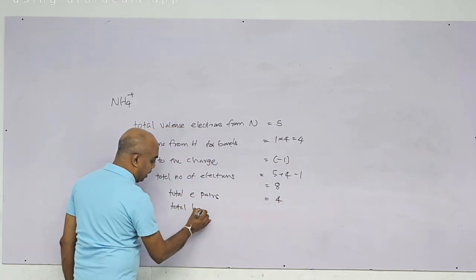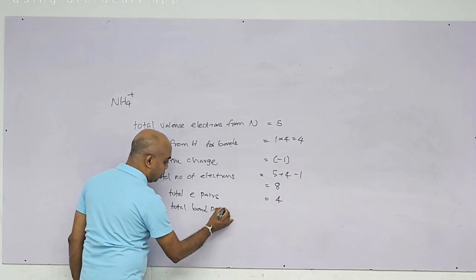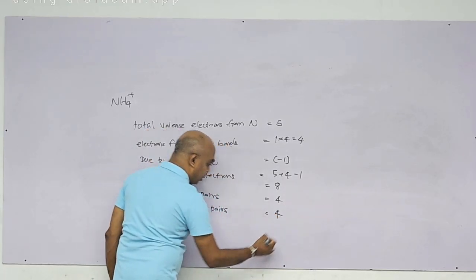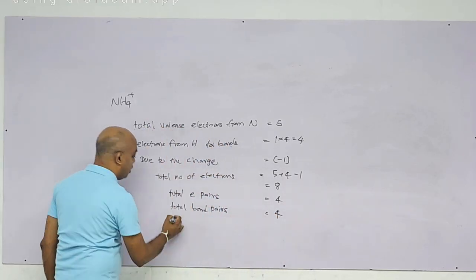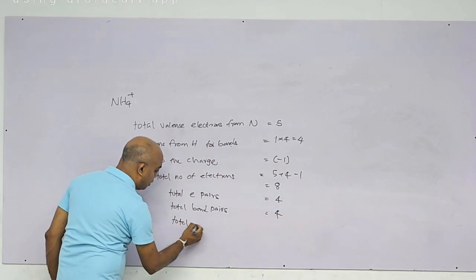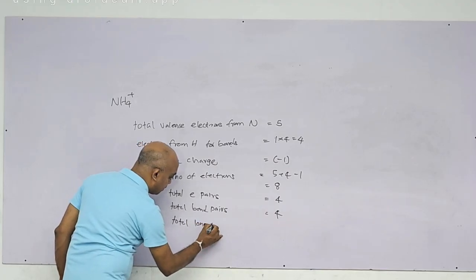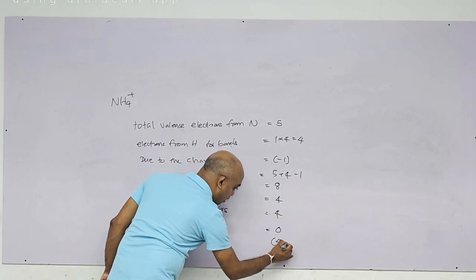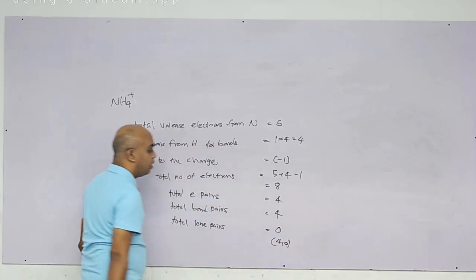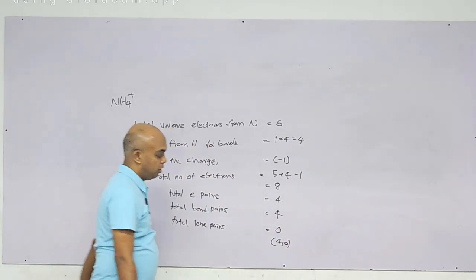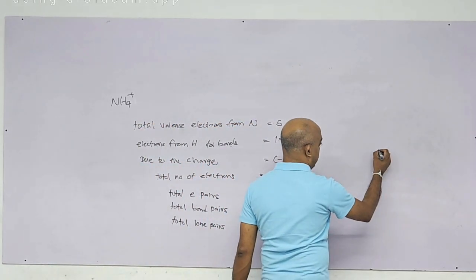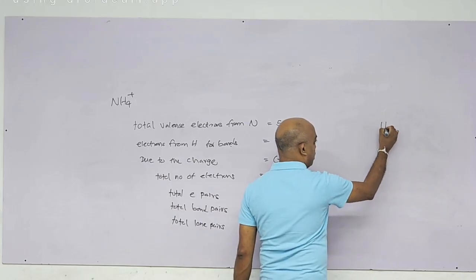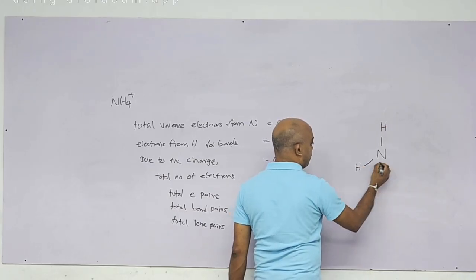Total bond pairs, based on the terminal atoms, that is 4. Total lone pairs: 0. So 4, 0. The shape is tetrahedral. The tetrahedral shape is like this.